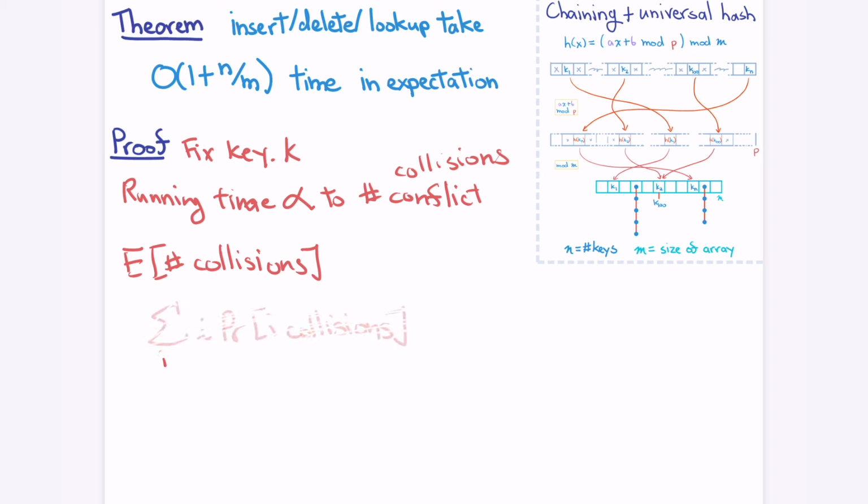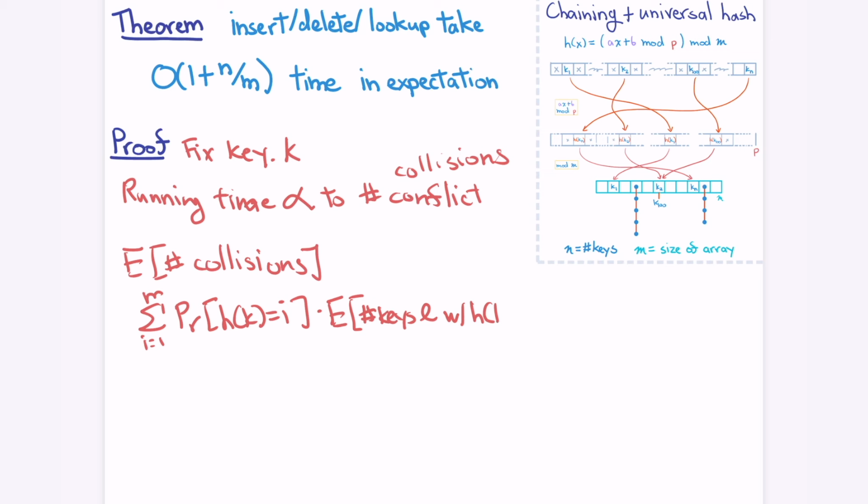So that other approach, this suggestion might be something like summing over all i from 1 to m, where m is the number of slots in the smaller array. So I guess it's the probability that hk gets mapped to i, times the expected number of keys that also get mapped to i.